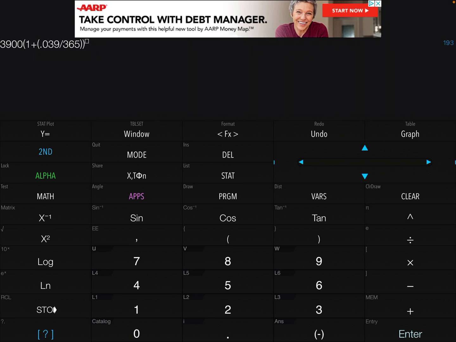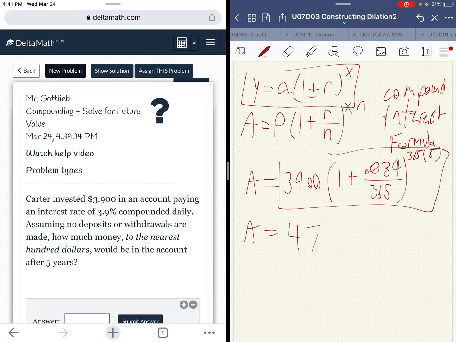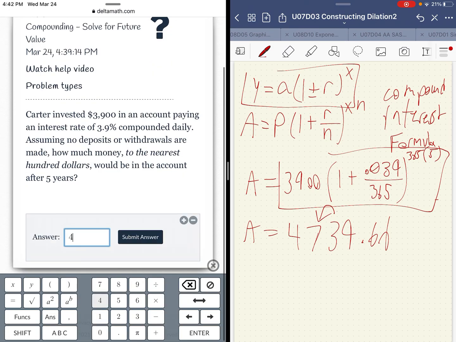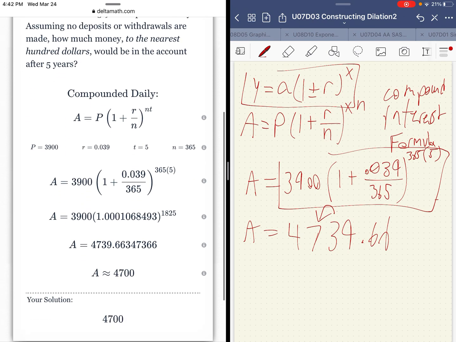Close that parenthesis, close the other parenthesis, to the power of 365 times 5, which should be $4,739.66. It said to round to the nearest $100, so that means we're going to be rounding this 3 down to be $4,700. Let's see if that answer is correct. And it was correct.